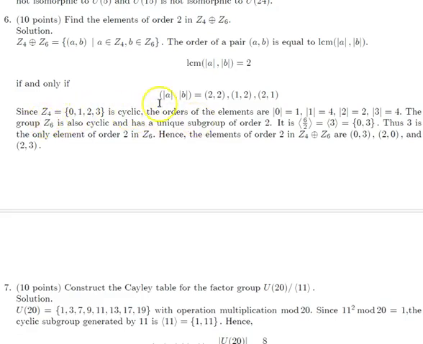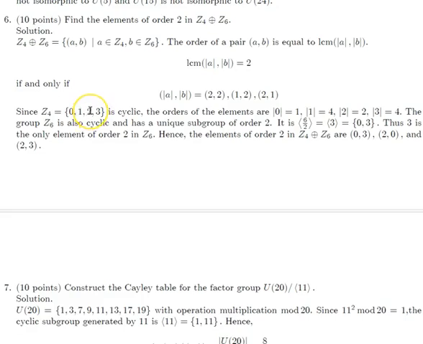So we have to find all elements in the first group that have order 2 or 1, and all elements in the second group that have order 2 or 1. Since both groups are cyclic, they have unique subgroups of order 2. In Z4, this is the subgroup generated by 2.